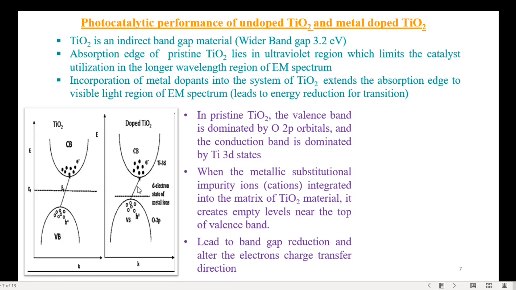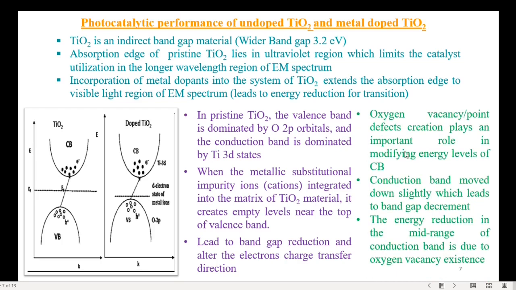Hence, it will lead to band gap reduction and alter the electron's charge transfer direction. As well, oxygen vacancy or point defect creation plays an important role in modifying energy levels of the conduction band. It is seen that the conduction band moved down slightly, which leads to band gap decrement. The energy reduction in the mid-range of the conduction band is attributed to oxygen vacancy existence.